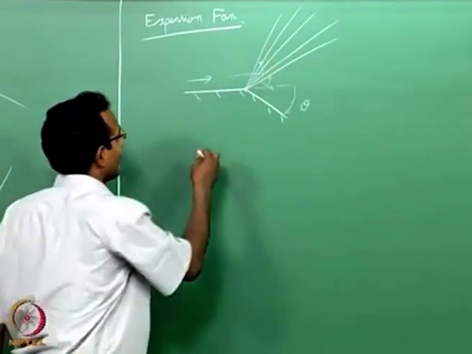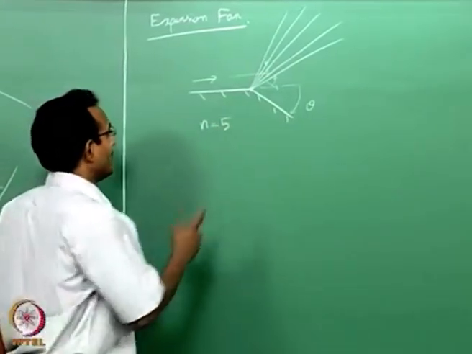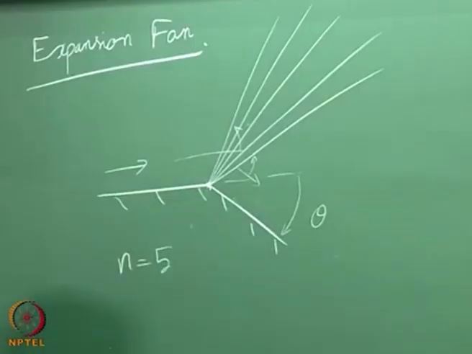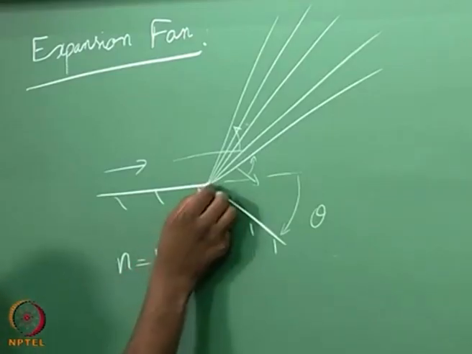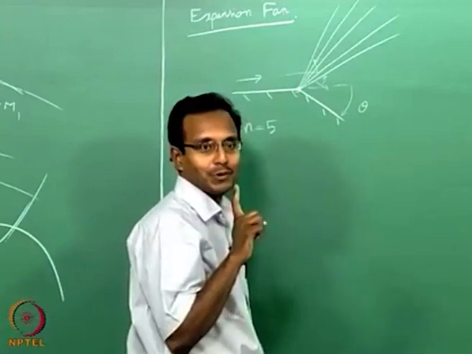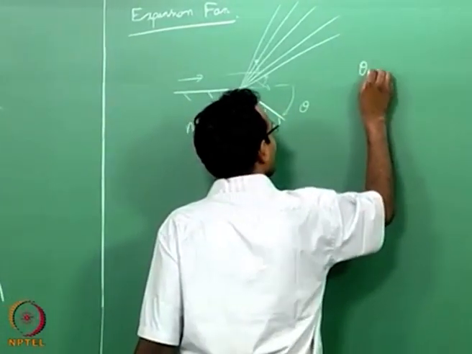I am picking 5 points, let us say n equal to 5 right now. What I am going to do is, I know my initial Mach number, I know the final Mach number, I know the initial theta, I know the final theta. All I have to do is distribute this whole data inside here. Ideally, I do not distribute in Mach number, what I do is this. I know n equal to 5, right.